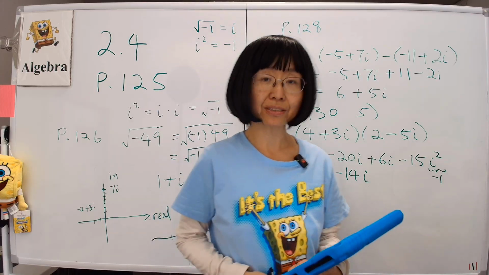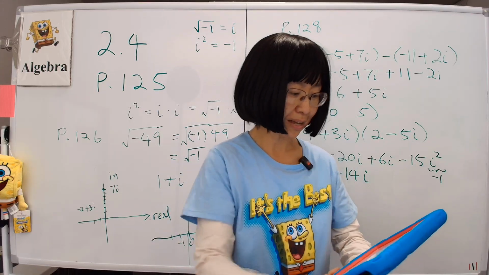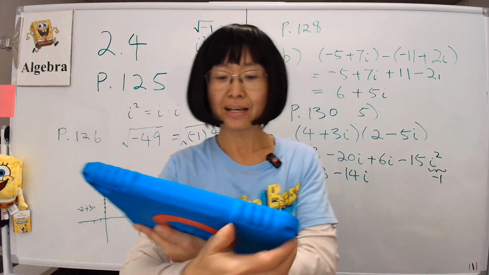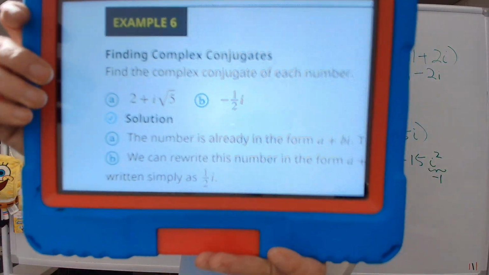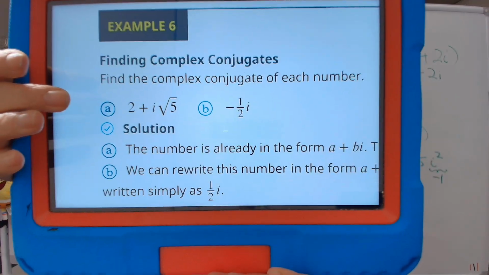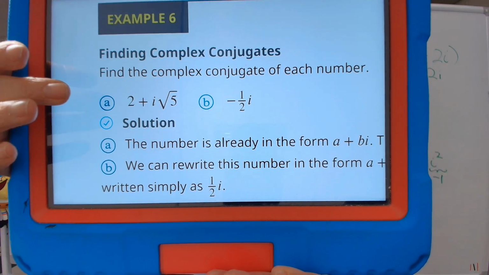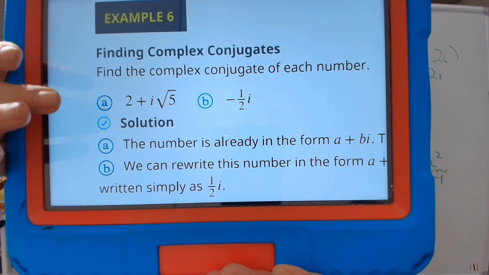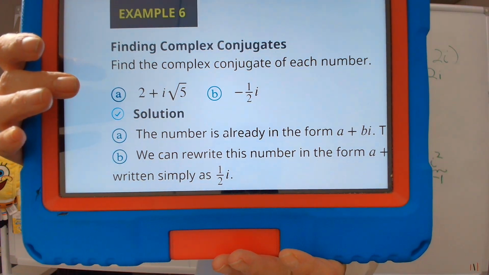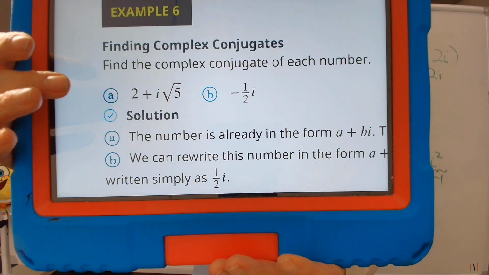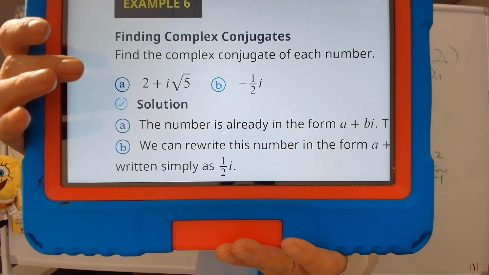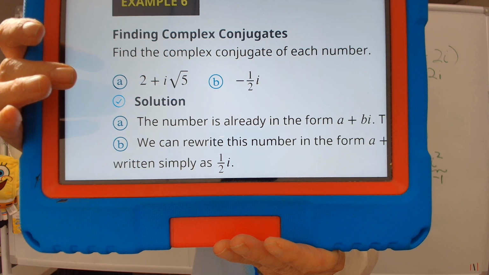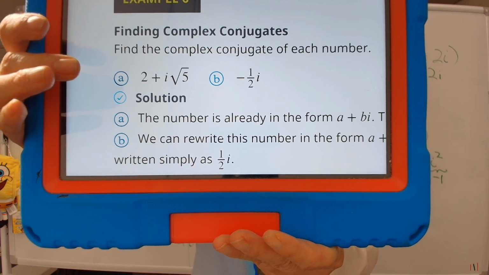Let's look at example 6 to see what a conjugate is. Now example 6 has two imaginary numbers. Here's 2 plus i times square root of 5. What's the conjugate? You switch the plus in front of i into negative. That is, you switch the sign in front of i. The conjugate then is 2 minus i square root of 5.